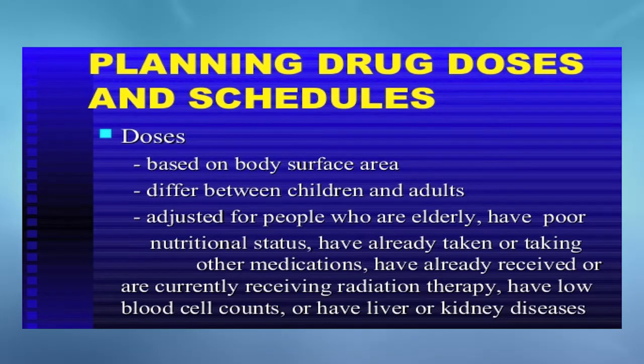Second is the patient's performance status. You don't give chemotherapy to a patient who is very sick, intubated, in the ICU, or of advanced age. The patient should have reserve in liver function, renal function, and cardiac function to tolerate the toxic effects of chemotherapy.